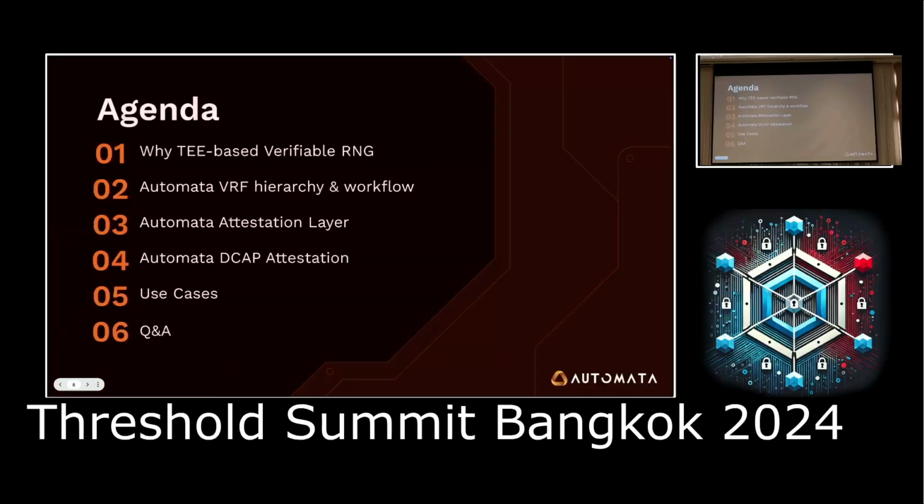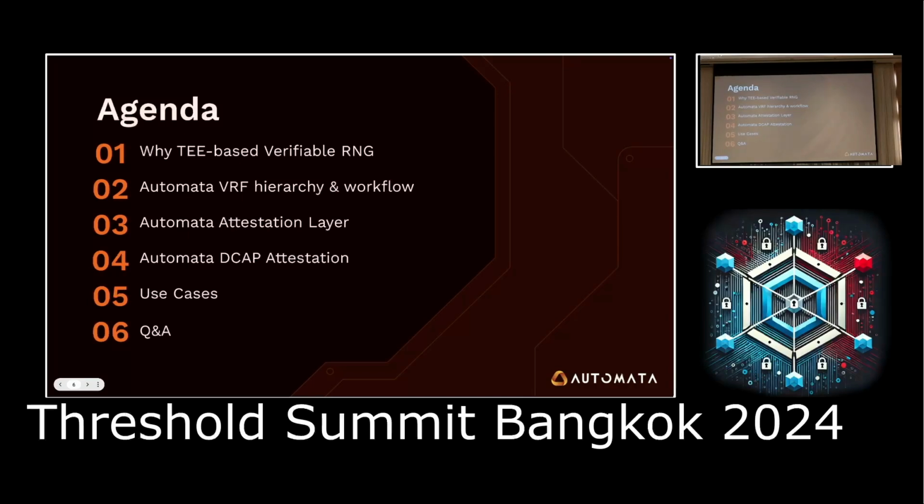Okay, here is the agenda for today. I will introduce why we need the TEE-based verifiable RNG and how important it is, and we'll also give you a high-level overview of how our Automata VRF works, including the hierarchy and the whole workflow.